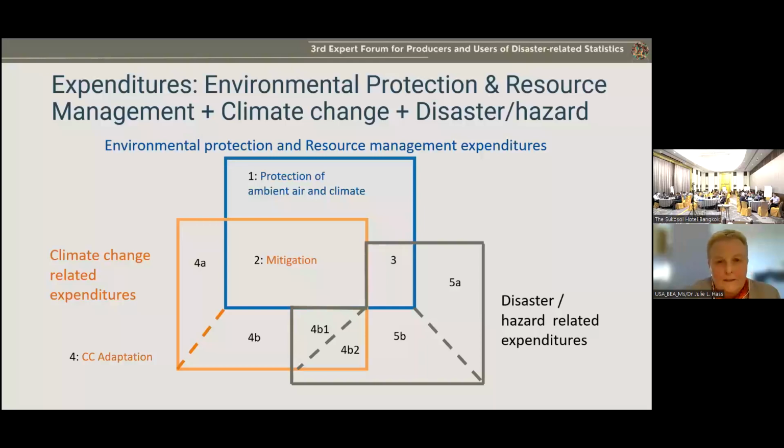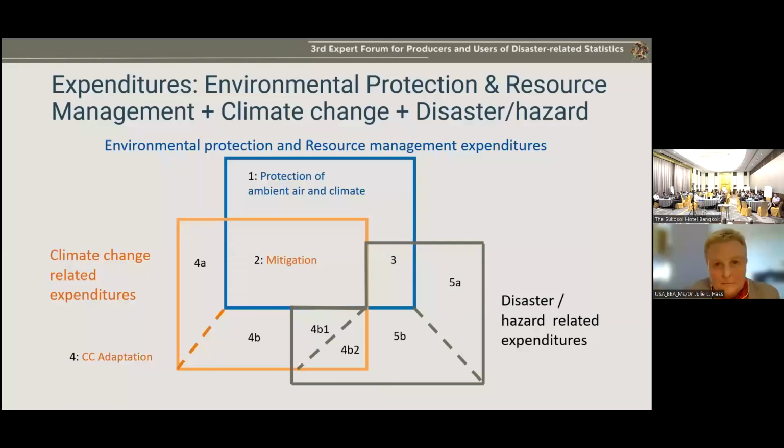And again, we should understand how they overlap and some of the methodologies that have been developed related to the SIA environmental protection and resource management expenditures could be used to try and help us develop the disaster related expenditure accounts as well. So we're not starting from zero. That's what I wanted to be sure we all knew.